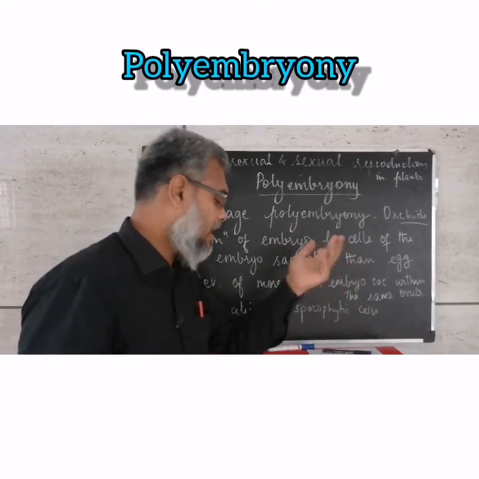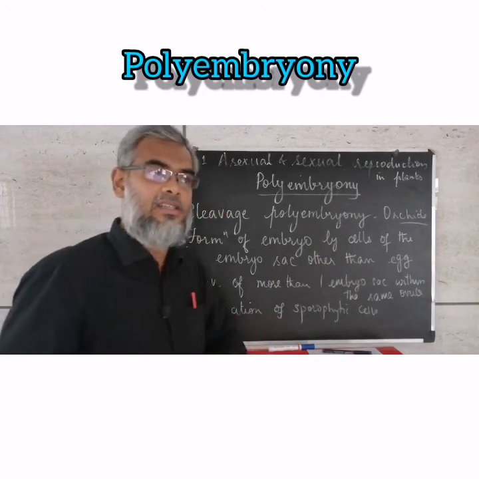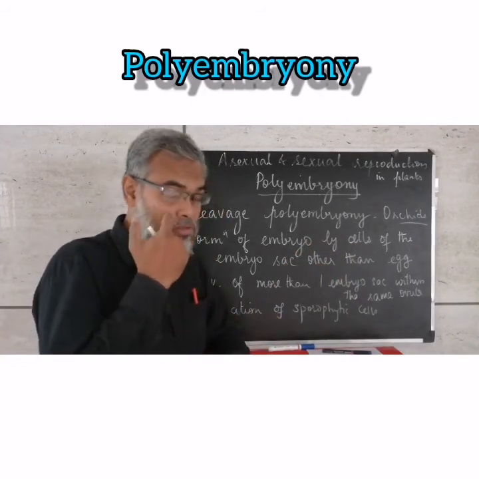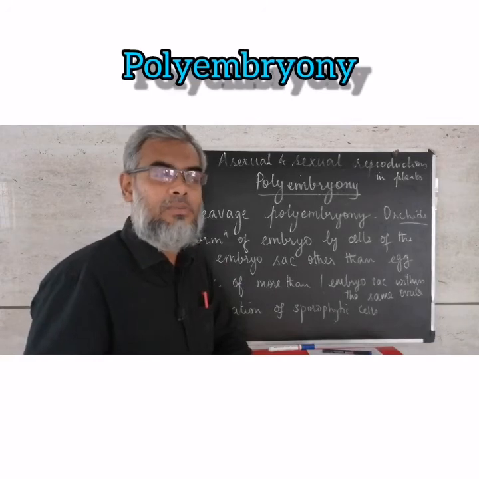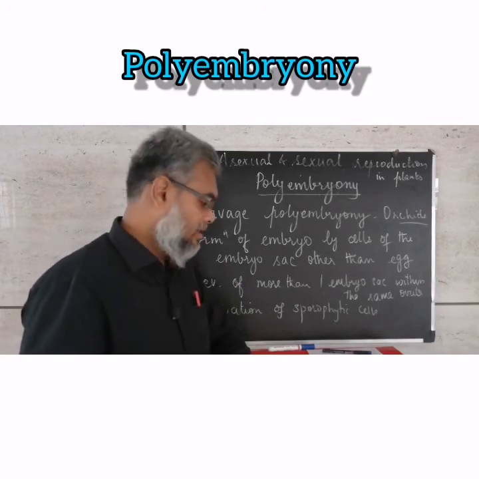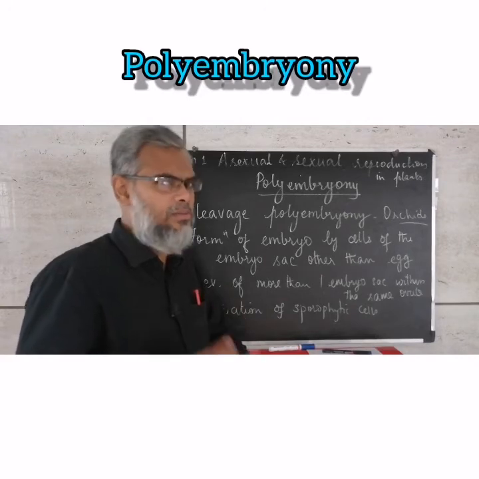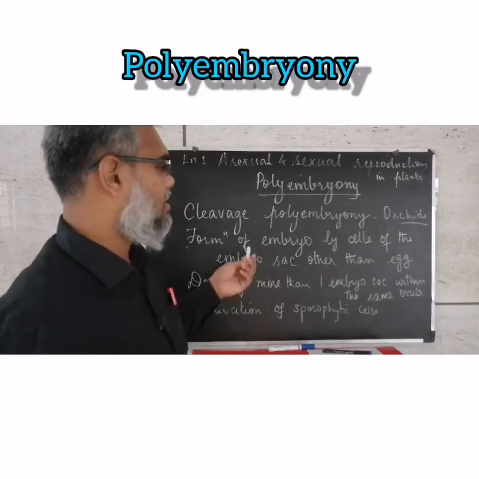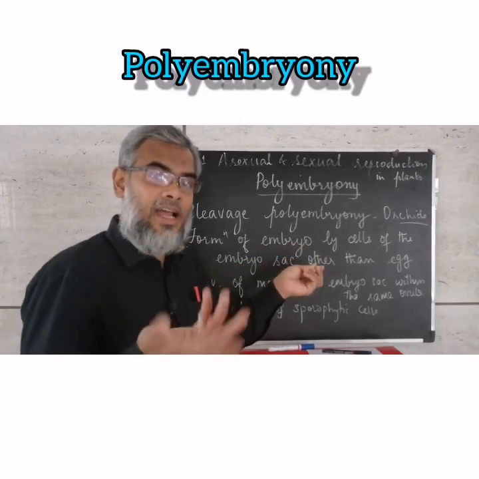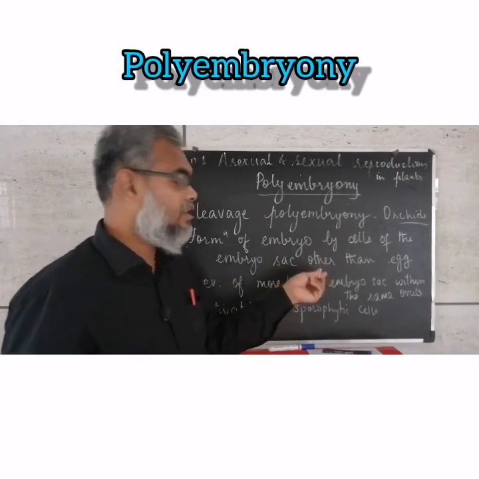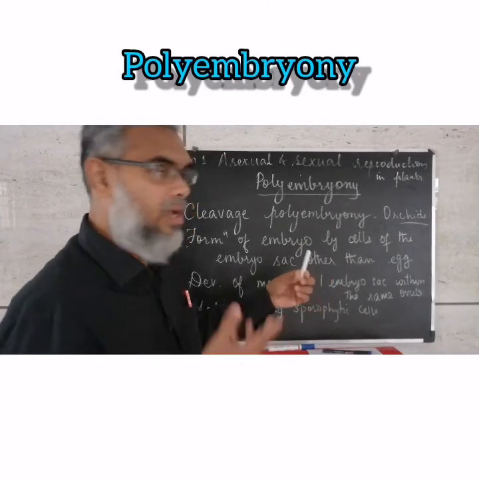We have a few examples: in synergids, some like Aristolochia, and in endosperm, Balanophora. So there are many examples. Other than egg, antipodals and synergids can all form a new embryo.